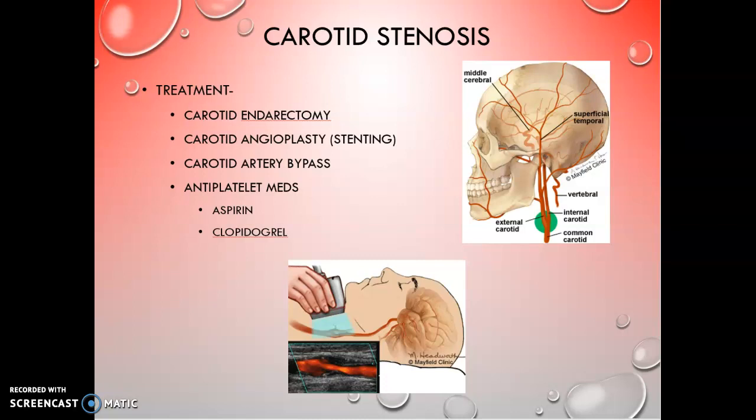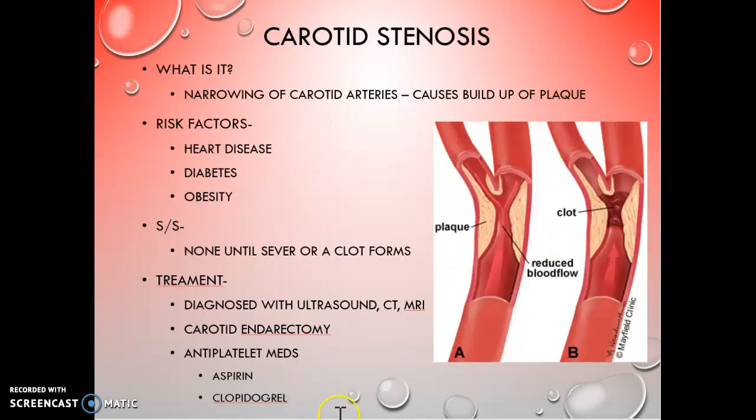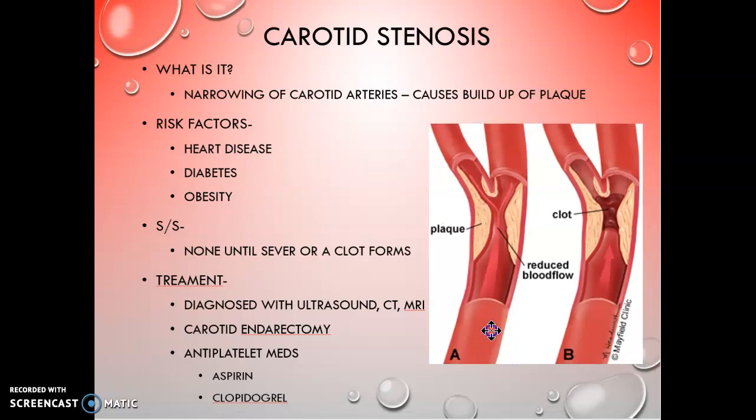Again, there's other things we can do. Cardiac angioplasty, endarterectomy is like roto-rooting, angioplasty, stenting. They can do a carotid artery bypass. And if we go back to this one, what a bypass looks like is they will take a piece of a vessel from usually the leg, sometimes the upper arm, but usually the leg, and they attach it here.